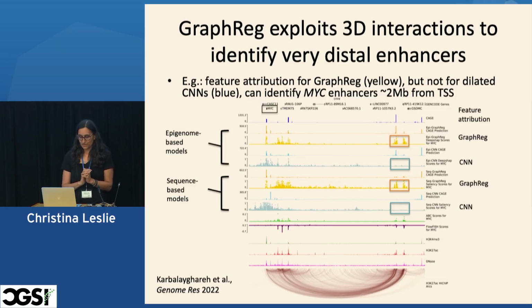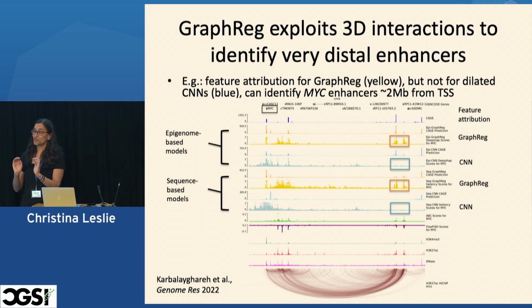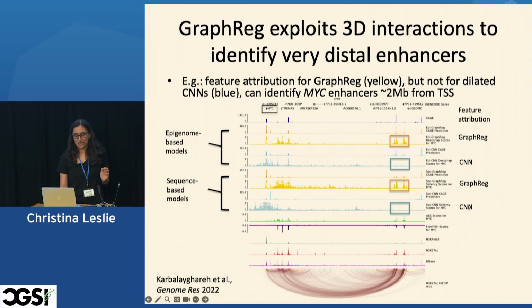Okay, and the one picture I like from the paper, so this is all published, is going back to the MYC locus. As we know, MYC has these enhancers that are 2 megabases away. What I'm showing you is the epigenomic models and sequence-based models, using GraphReg versus a dilated CNN, which was the state of the art at the time.